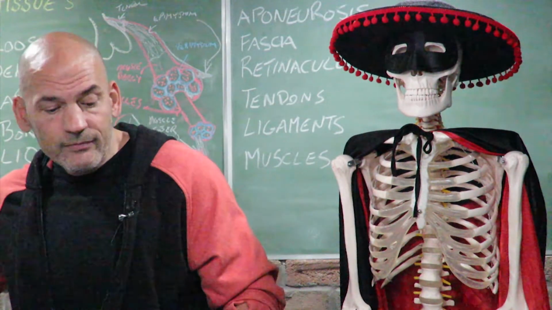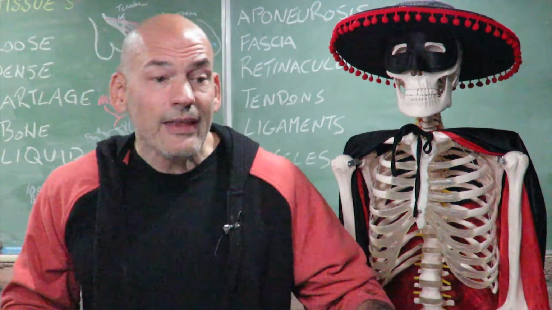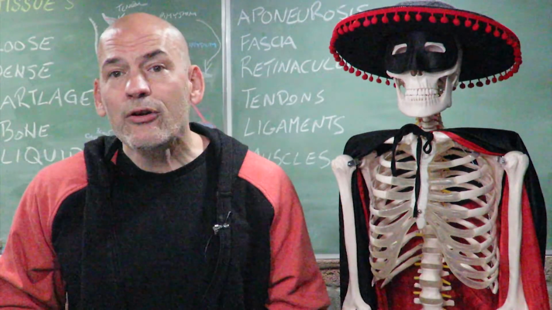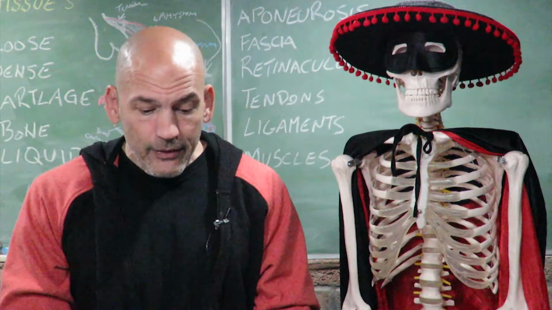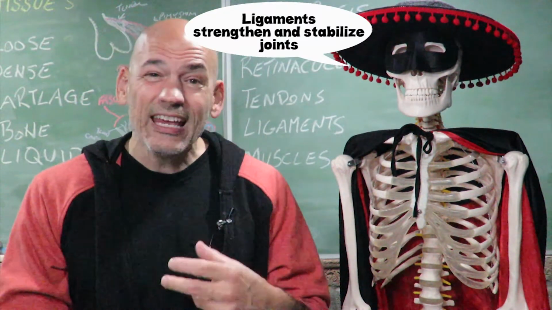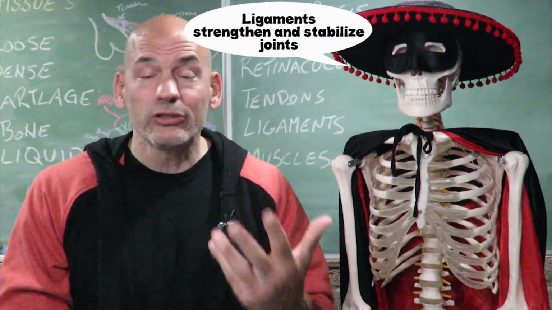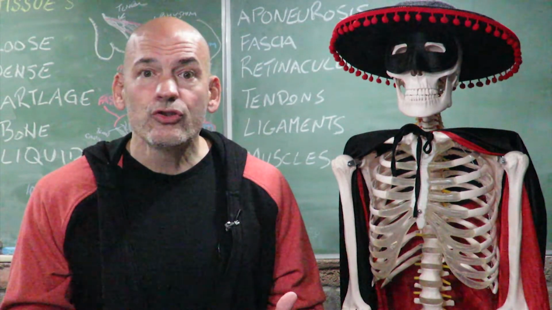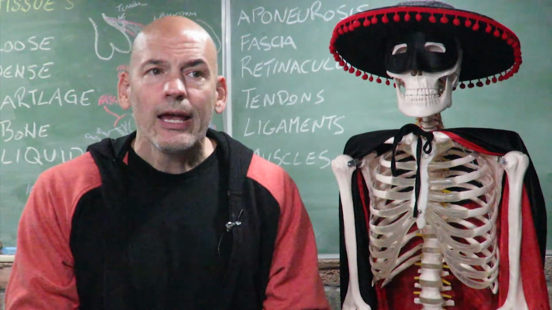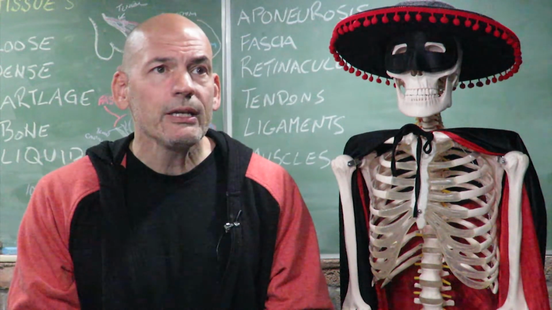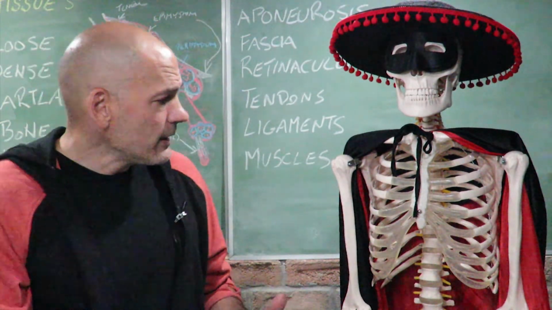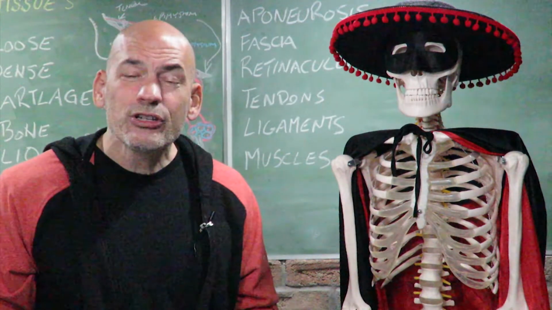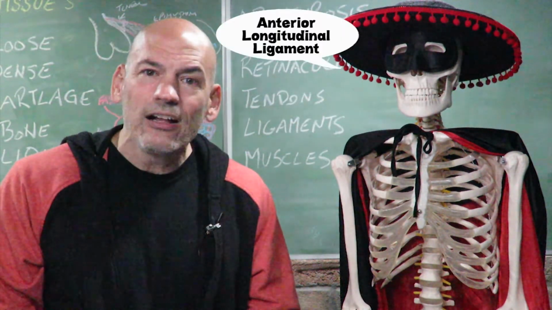Now ligaments. Ligaments connect bones together at a joint. They strengthen and stabilize joints, and they can cross either one joint or multiple joints. A ligament that crosses one joint would be like one in the knee, and one for multiple joints would be something called your anterior longitudinal ligament, ALL for short.